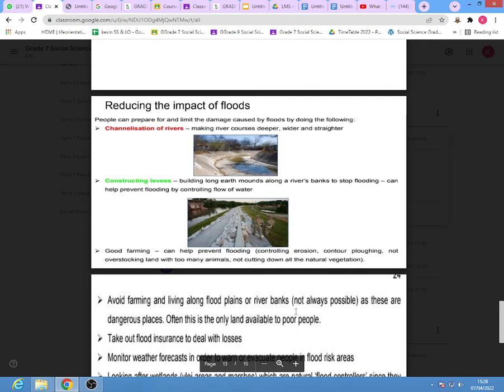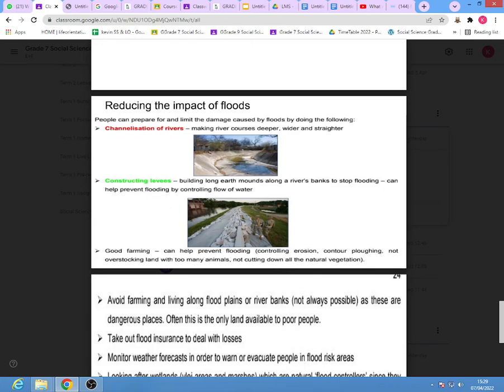Levees are long earth mounds built along river banks to stop them from flooding, right? To prevent flooding by controlling the flow of water. If you look at the image here, you can see what the soldiers have done next to a river. They've put sandbags so that it is extra high.